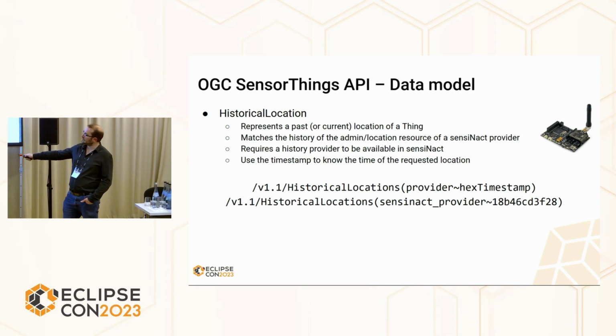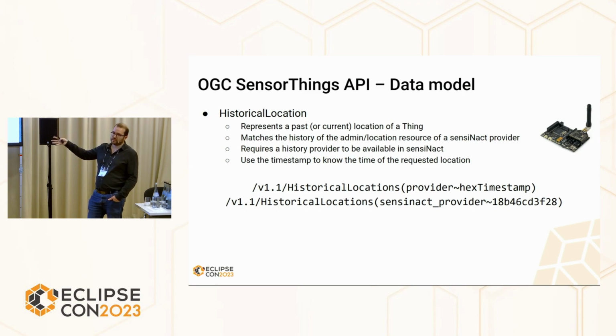And so you carry the locations of that provider, and here is, for example, right now or 10 minutes ago, precise to the second. Again, when that's for listing historical locations, you never use that directly. That's a navigation link because what you will ask is the historical location of a thing, and then you will access that URL. You will know what timestamp to put there.